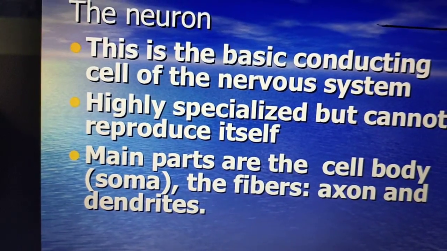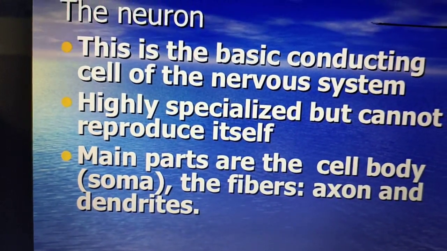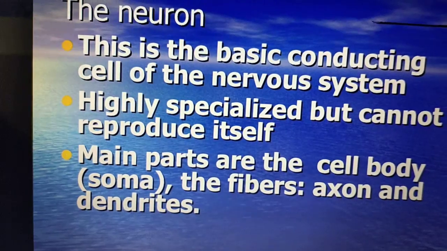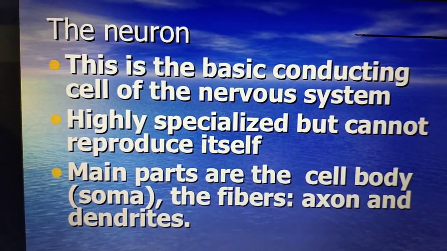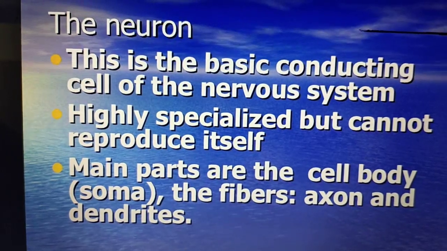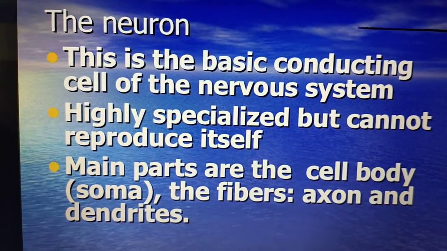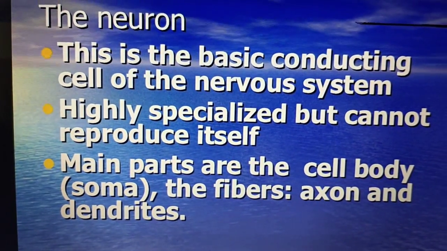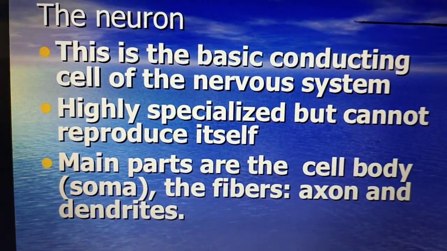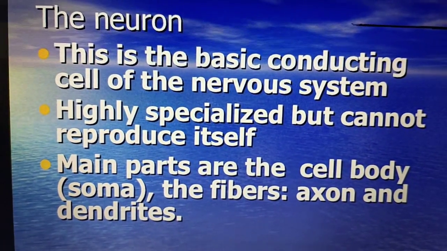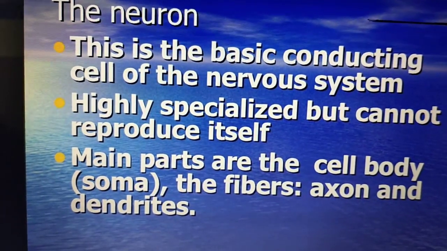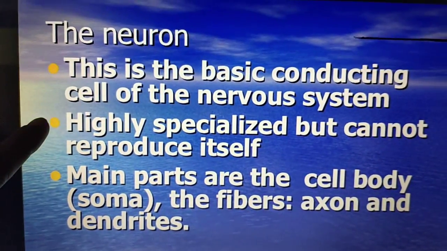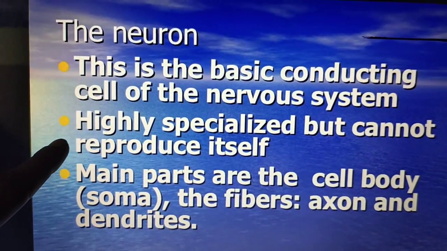If you burn your fingertip, after one or two weeks your finger is normal again. But if any damage happens to the brain, the brain cells are not reproduced. This is the special characteristic of neurons, the brain cells: highly specialized but cannot reproduce themselves.